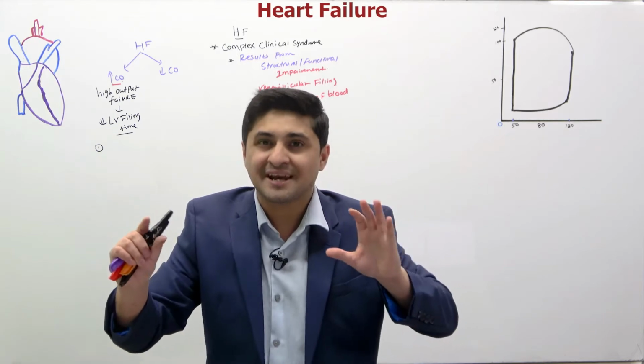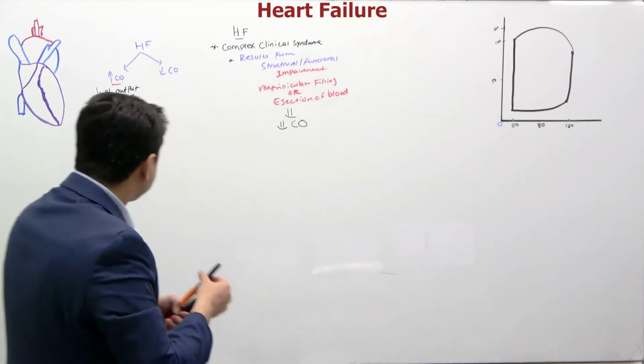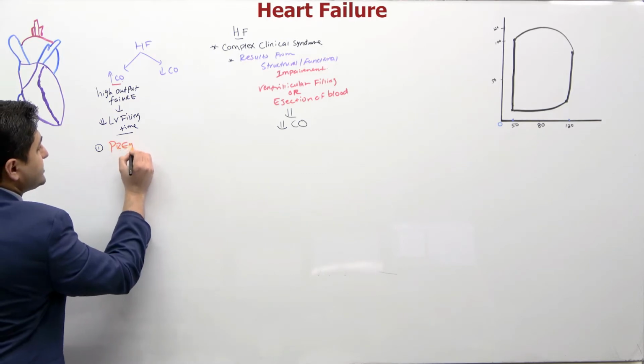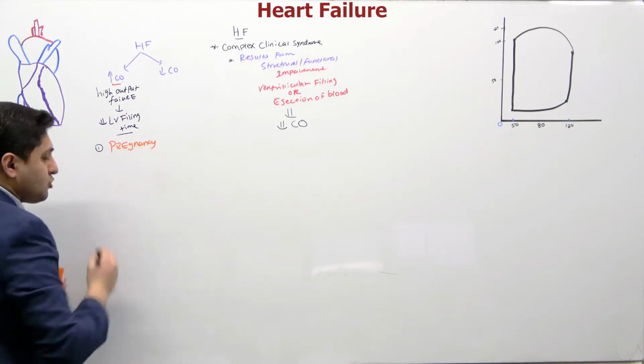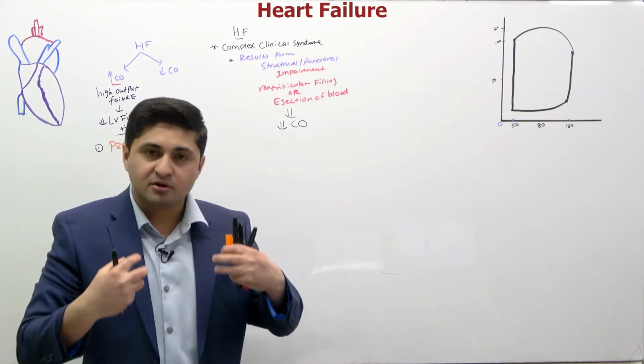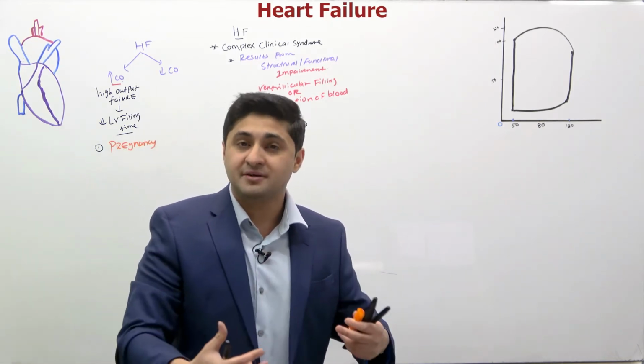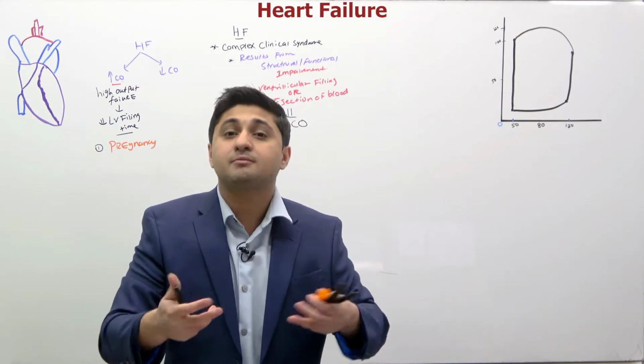Usually you see that in some conditions. For example, you can see this in pregnancy, because a pregnant woman requires blood for herself, plus the mother also requires blood for the baby. Because of that, your heart has to propel more blood out.